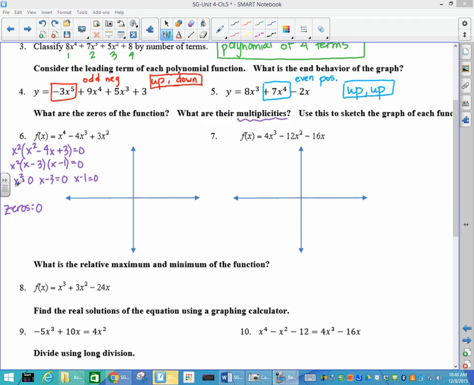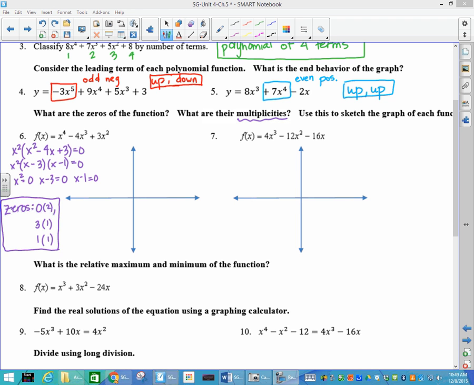The one that gave me 0 has an exponent of 2, so that means its multiplicity is 2. X minus 3 has an exponent of 1, so its multiplicity is 1. And again, x minus 1 is the zero, but it has a multiplicity of 1. So these are your zeros.